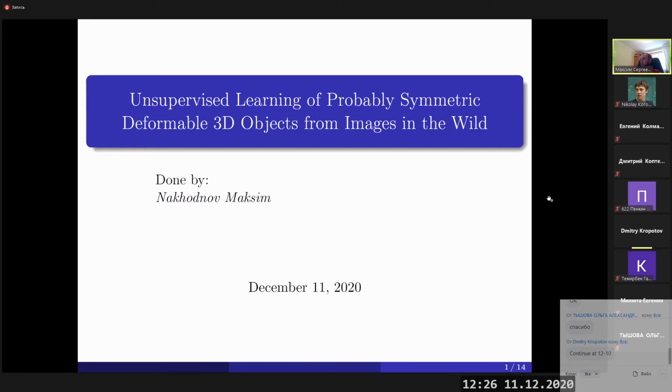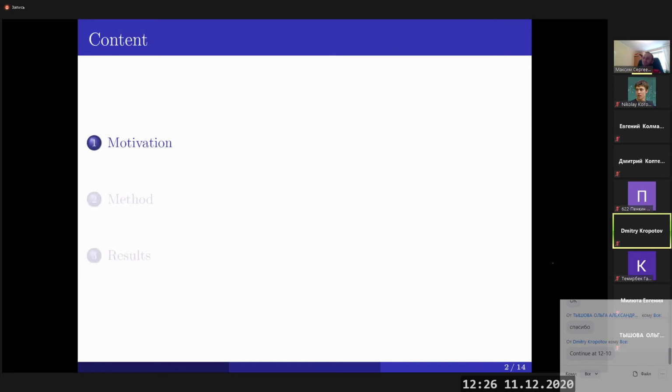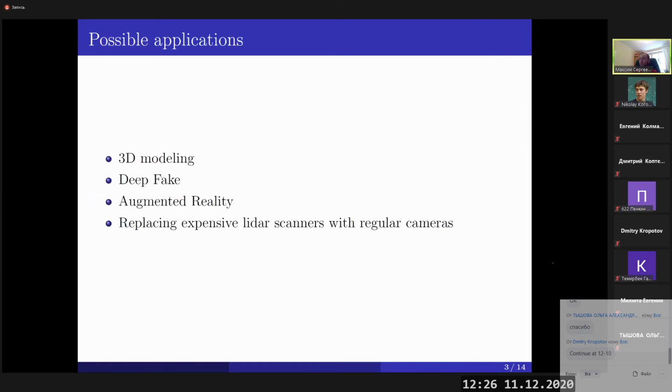First of all, I would like to cover some possible applications of such technologies. First of all, it's 3D modeling. The topic of this paper is exactly 3D modeling from 2D images.